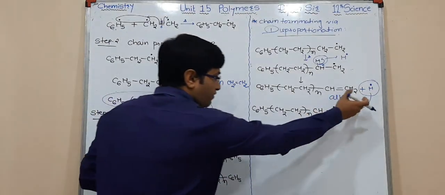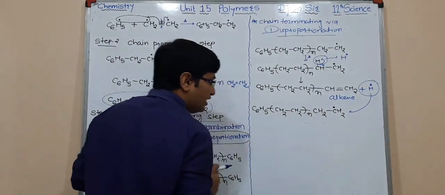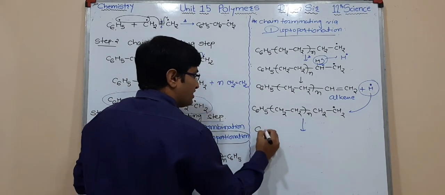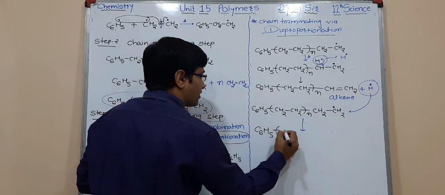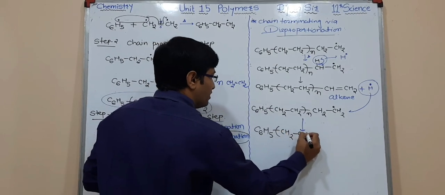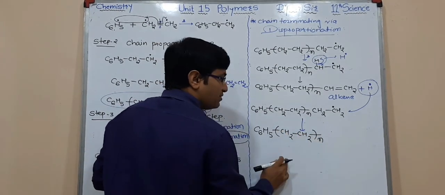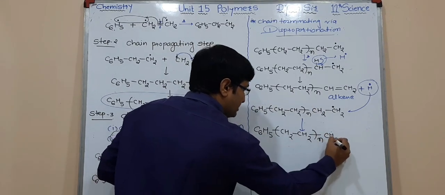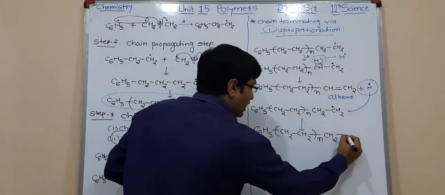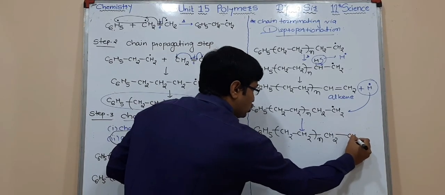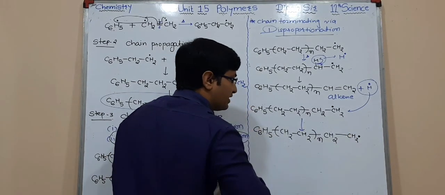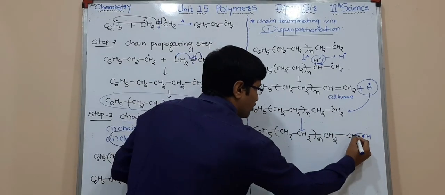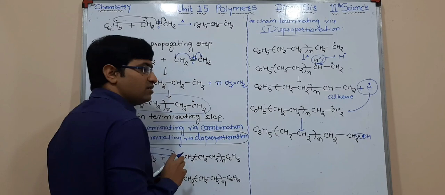So the hydrogen free radical combined with the long chain free radical, C6H5 CH2 CH2 n times CH2, creates one bond.